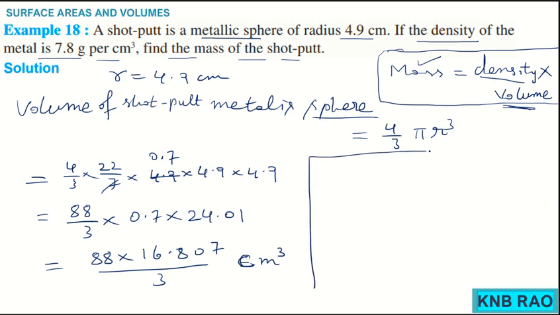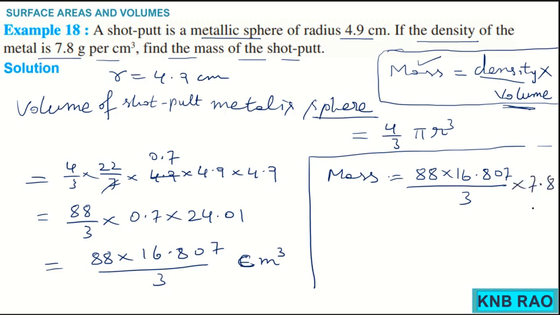When I go for finding mass at 7.8 grams per centimeter cube, then I have to multiply this 88 multiplied by 16.807 by 3 with this 7.8 grams. So this 3 ones are 3, 2.6 are 7.8.